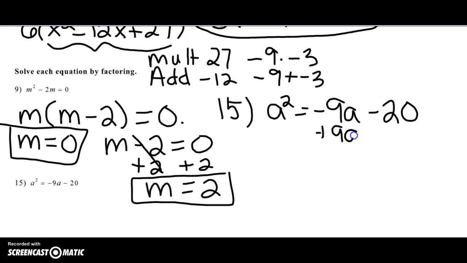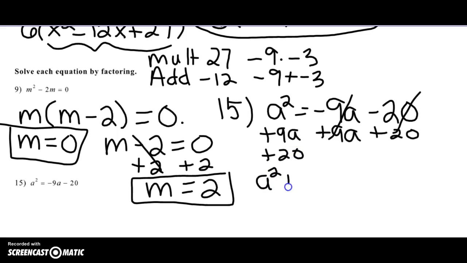So if I add 9a to both sides, and I have to add the 20 to cancel it on this side, I have a squared plus 9a plus 20. Now it equals 0. That's good because now when I factor it, I'll have that zero product property I can use.